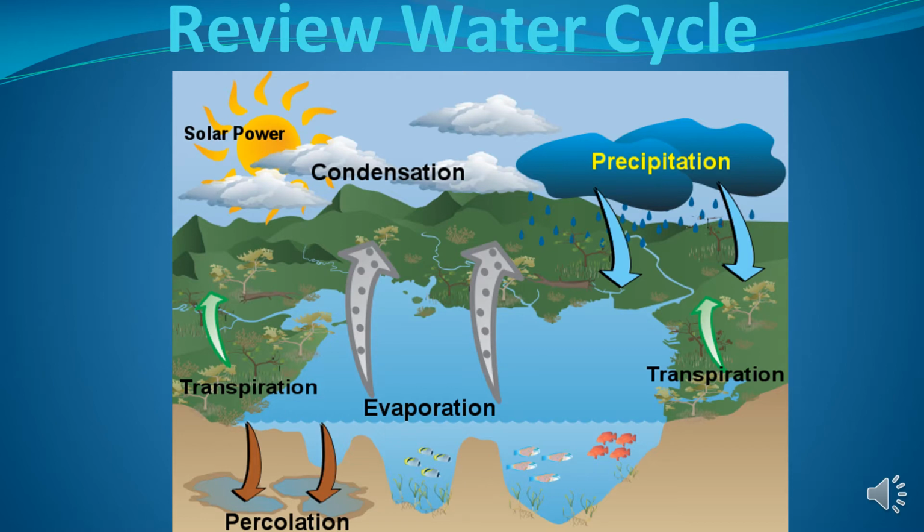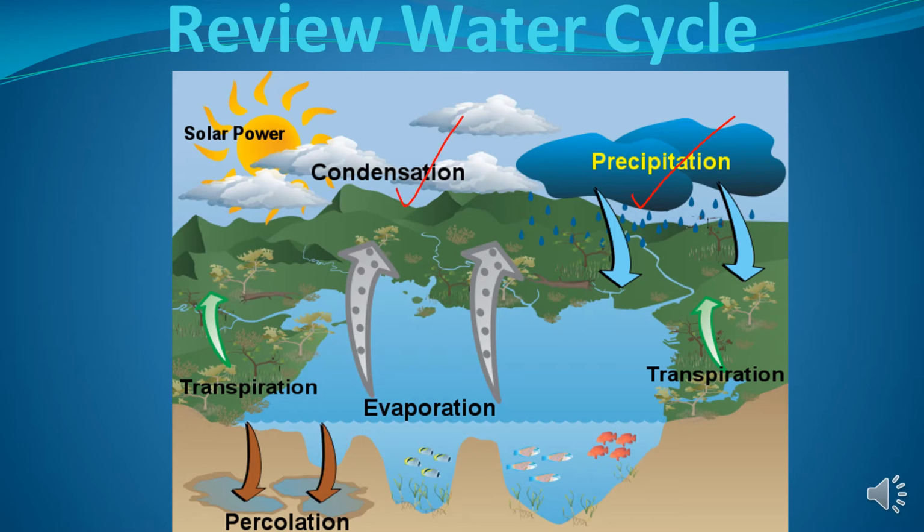So let's review the water cycle. I want you to think about it. Which one is where it can come down as rain, hail, sleet, or snow? All right. So what is it when it's a water vapor that becomes liquid?